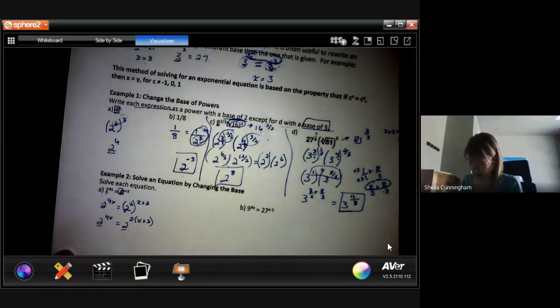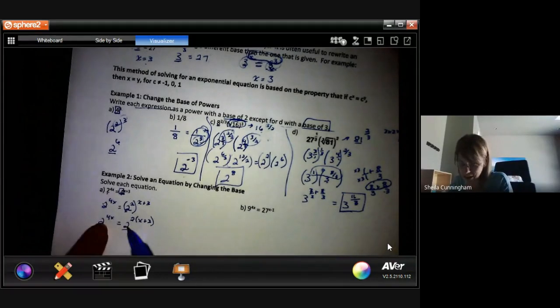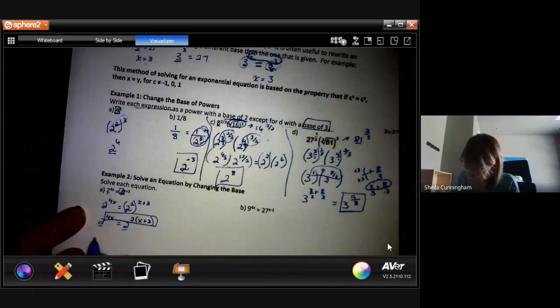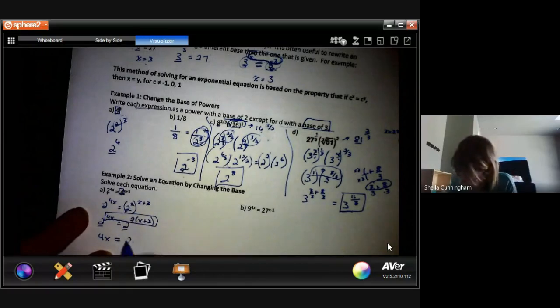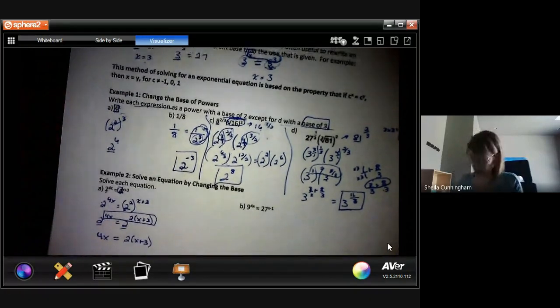So here's the good part. We've got same bases now, because we're basically saying this side equals this side. If the bases are identical, our exponents must equal each other. So I can literally take the exponents that I have and set them equal to each other. Then what I've got is a lovely equation where I can gather my variables together and solve for x.